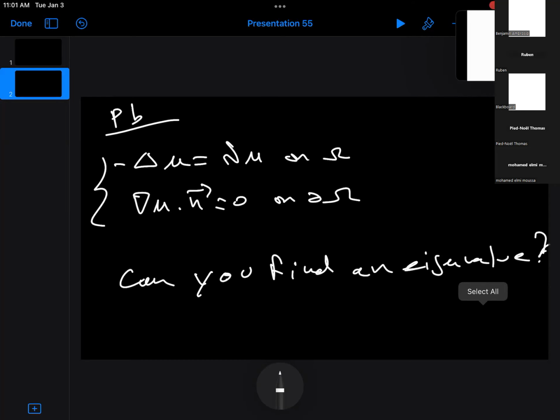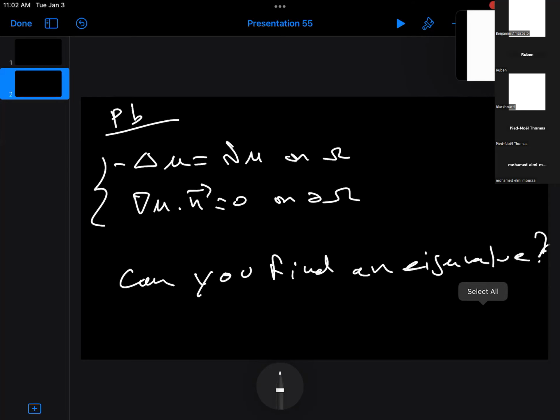So I look for a number, real or complex, such that when I take the Laplacian of the function, so u is a function defined on my domain omega, and I want that when I take the Laplacian of this function, it is the same as taking the function and multiplying it by lambda, and I have the same result for all x on omega.